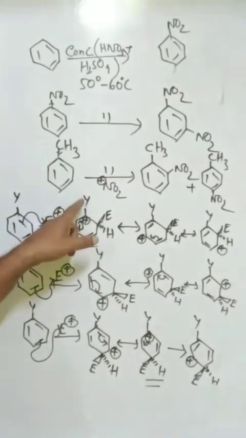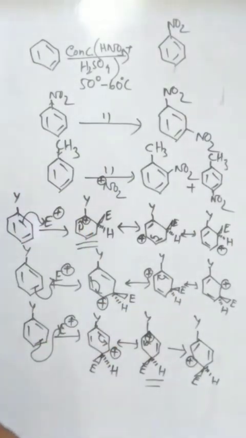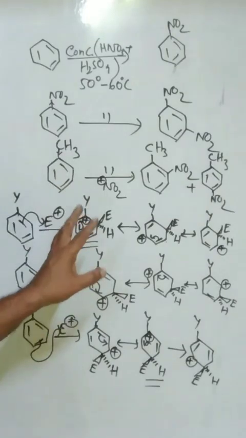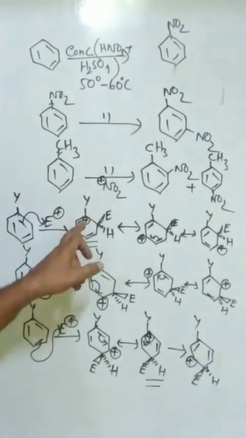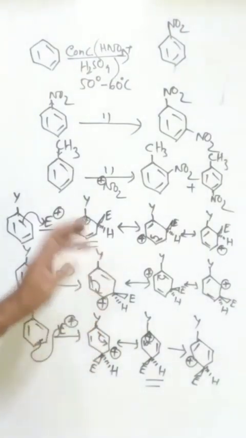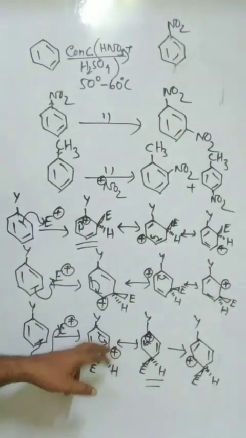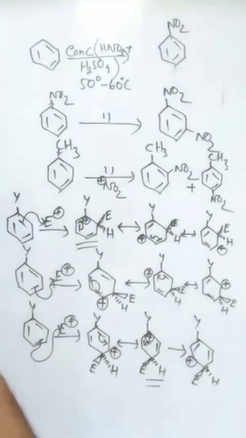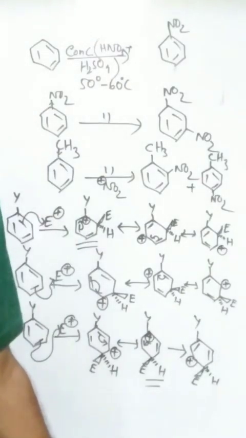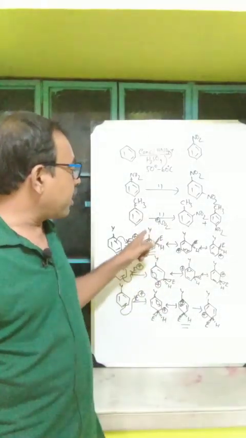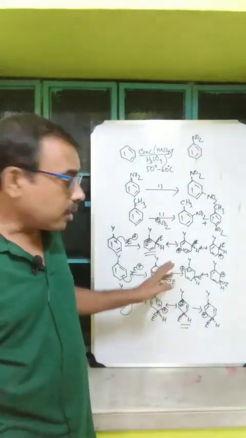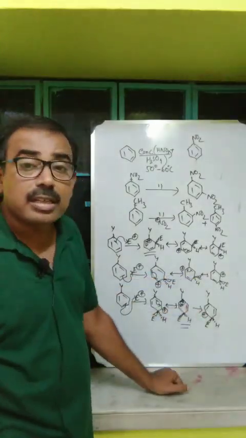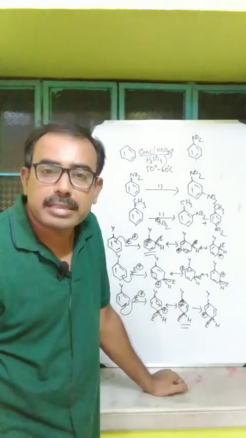That's why, if Y has a minus I inductive effect, the incoming electrophile will not go to the ortho or para position, because if it goes there, two resonating structures will be formed which will be very unstable due to the minus I inductive effect of the substituent already present. In meta position, no such destabilizing factor is present.